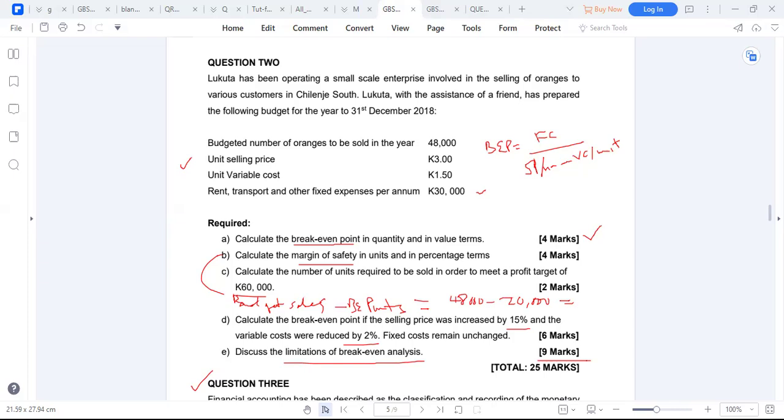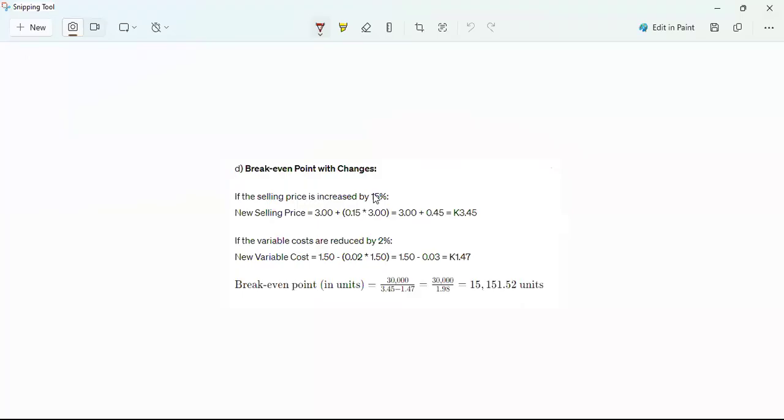Firstly, we know there's an increase of 15% on the selling price of 3 kwacha. 15% of the 3 kwacha is 45 ngwee, or 0.45. So you add this to the 3 kwacha, and our new selling price would be 3 kwacha 45 ngwee.